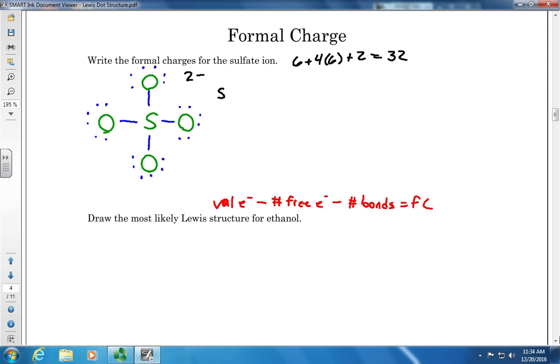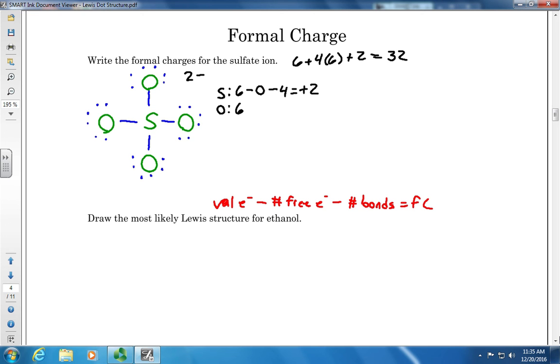We're going to have the sulfur case and the oxygen case. In sulfur, in oxygen both, we start with 6 valence electrons. Sulfur doesn't have any free electrons on it, and it has 4 bonds on it. That gives us a formal charge of +2.